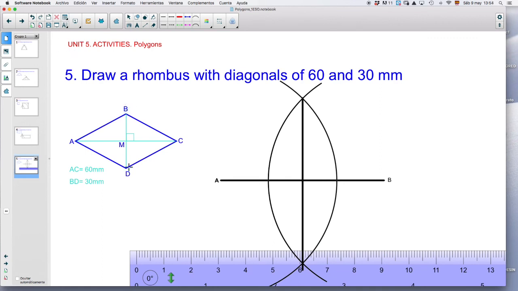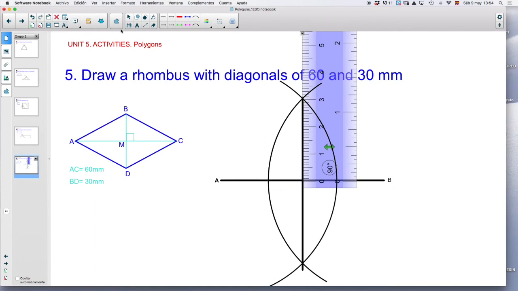Connect the 2 points where the arcs intersect with a straight line. The length of the segment BD is 30 millimeters, which means that should be 15 from point M upwards and then 15 from point M downwards. Mark it off.